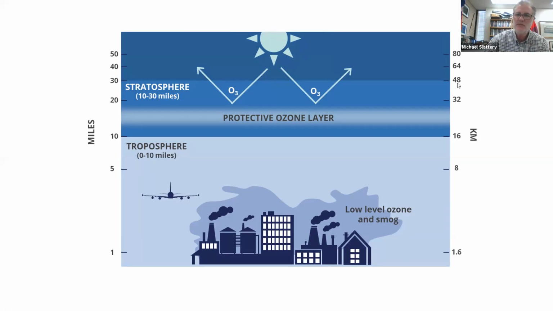They are both made up of 3 oxygen atoms. They perform very different functions and they form differently. So for now, let me just make this point: the ozone up here in the stratosphere is what we will deal with in chapter 5. That is the protective ozone layer.